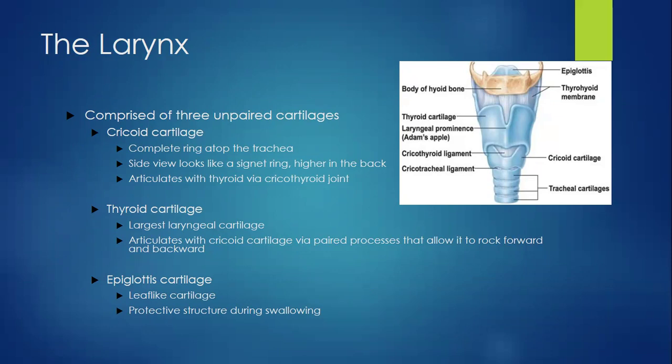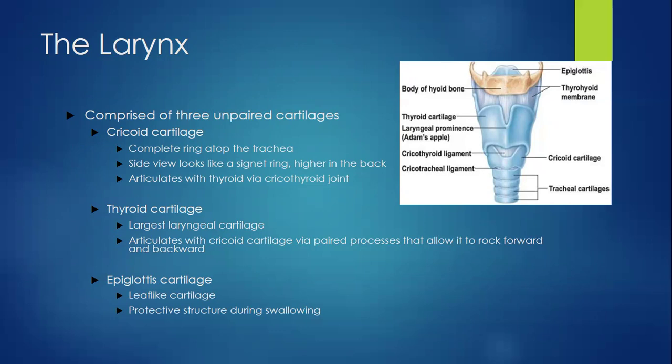All right, so that Adam's apple is more prominent in males than in females because it sits at a 90-degree angle in males, and in females it's about a 120-degree angle. So that's why it's not that prominent in females. But also what you have to know about the thyroid cartilage is that it moves with the cricoid cartilage through the paired processes that allow it to rock forward and backwards.